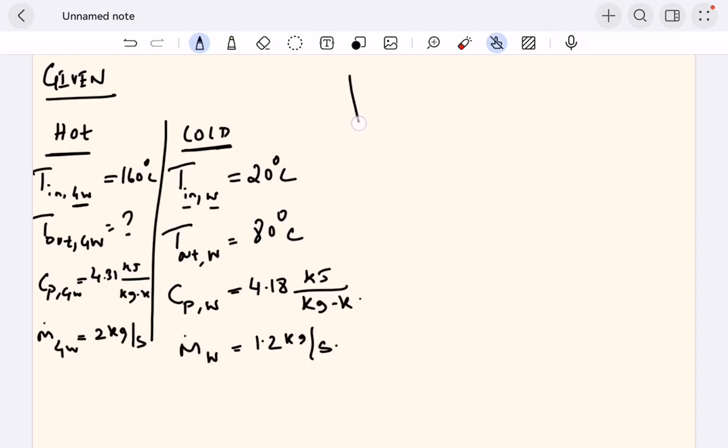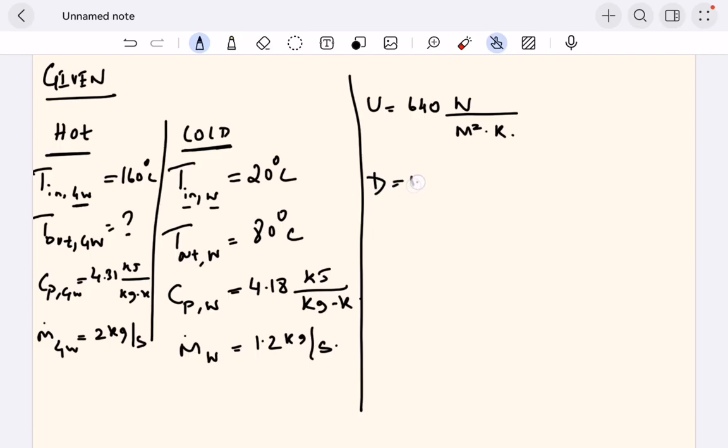What we also know is that the overall heat transfer coefficient is 640 watt per meter square Kelvin. We also know the diameter of the pipe is 1.5 centimeter or 0.015 meter, right? And apart from this, yeah, that's all we know.